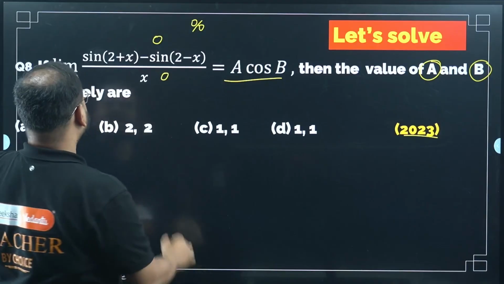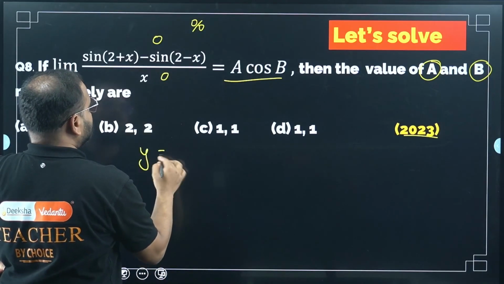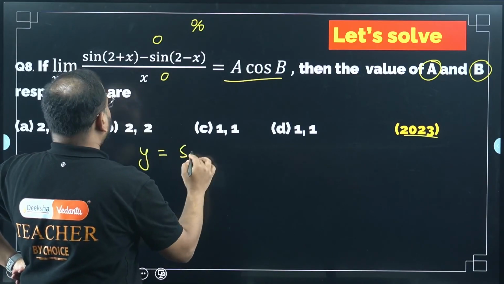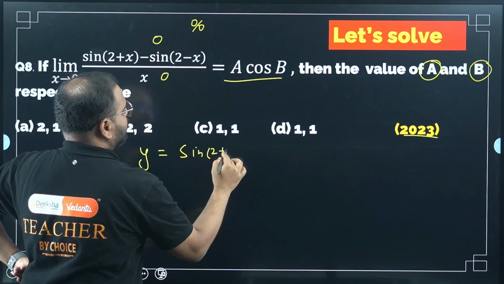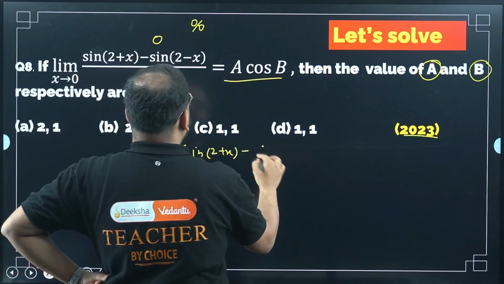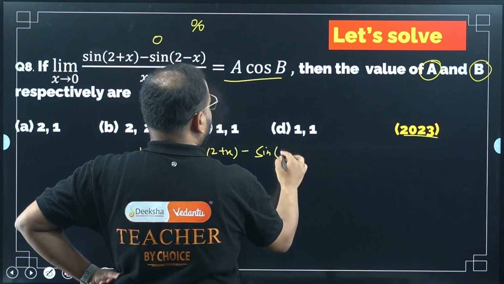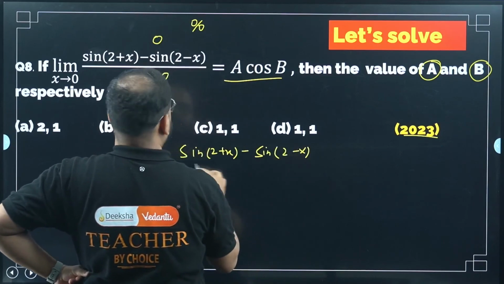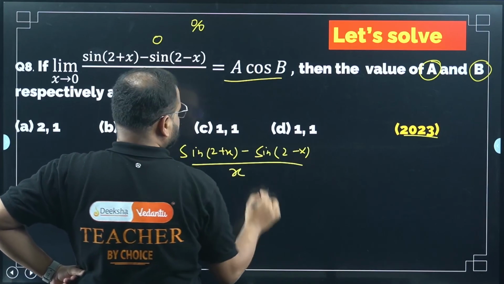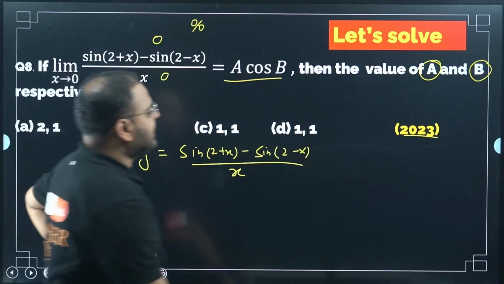So let's take the function first. My function is y equals sin(2 plus x) minus sin(2 minus x) upon x. Now I will need you to remember the formula of sin c minus sin d. Sin c minus sin d is what, sir?